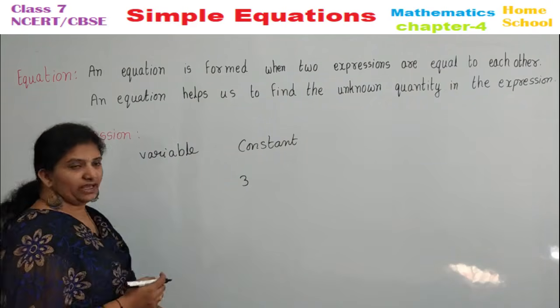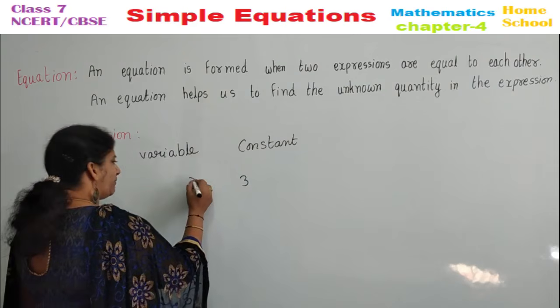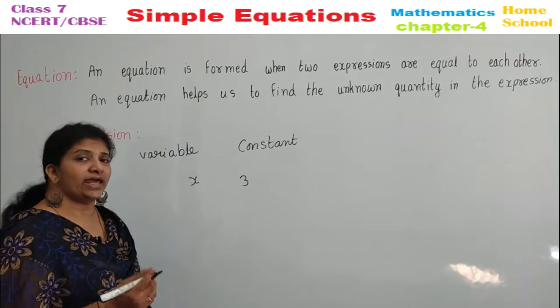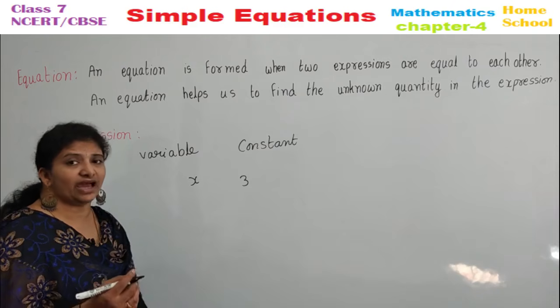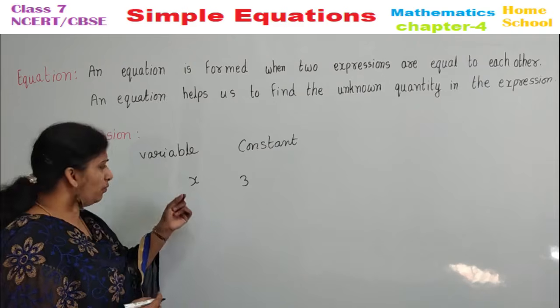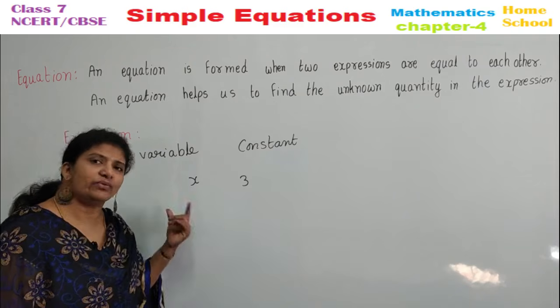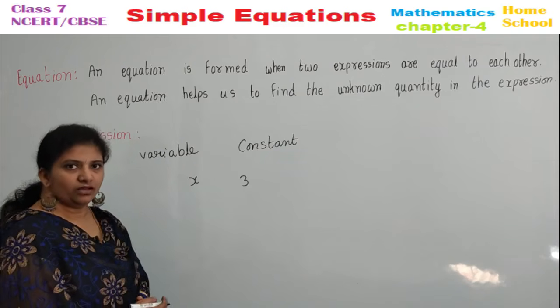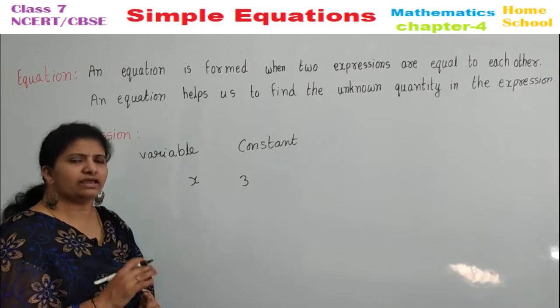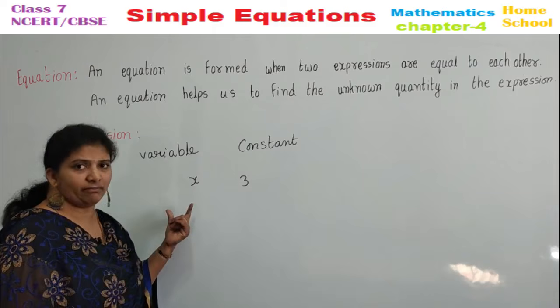Whereas variable, it may be x, y, a, b, c, any variable. Variables are the terms which we write in the form of alphabets. Variable value always differs. In one problem, x value is 2, and in another problem, x value might be -1.